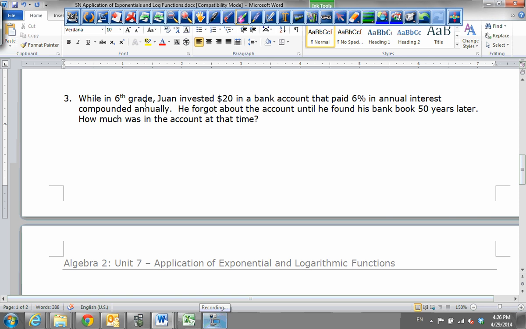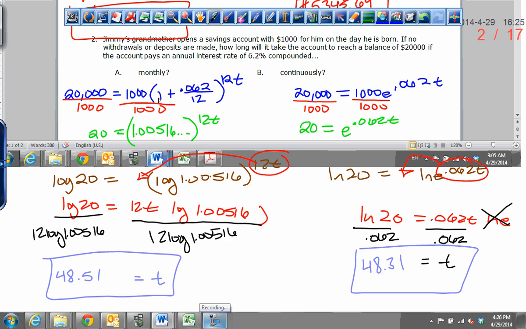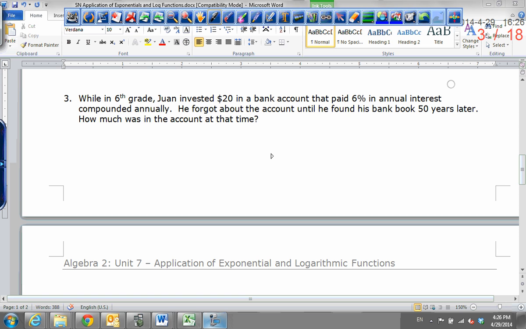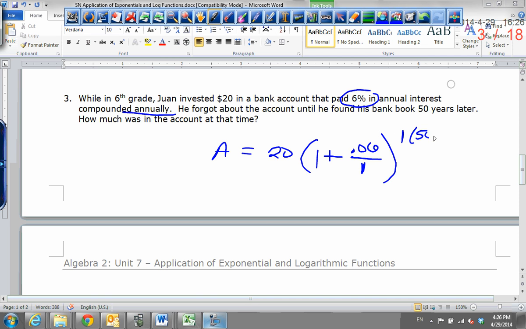Let's see here. Sorry, I didn't make it difficult. All right, so we're starting off with $20. I don't know how much it's going to end up with. It says 6% interest compounded annually, so that tells me I'm going to use the 1 plus formula. My interest rate 0.06 divided by number of times compounded, so 1 time a year, and then 1 times 50.